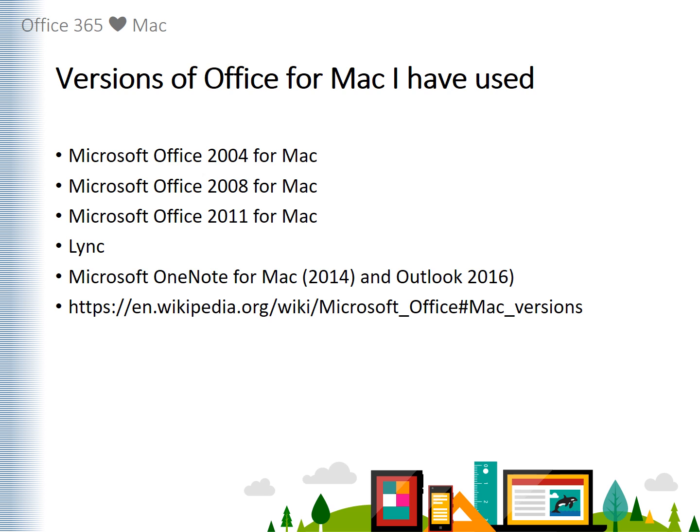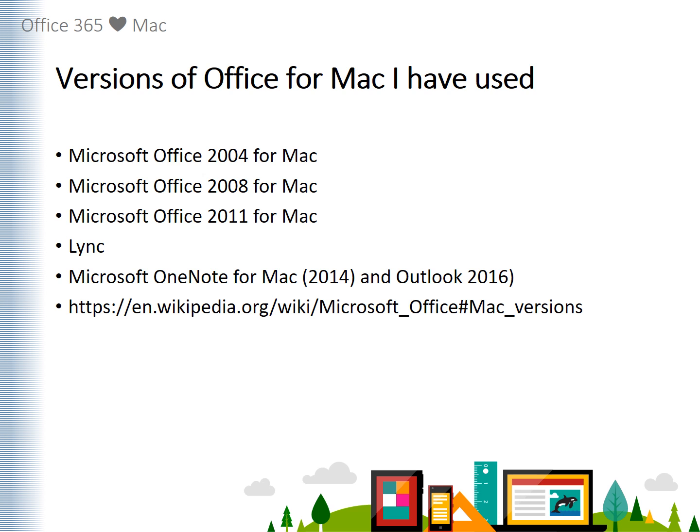Lync was actually a separate install, and you'll see some of that in my actual screenshots because I had Lync and Office 2011 and Outlook specifically installed on one of the virtual machines that I was doing some of my demos and screen captures from.